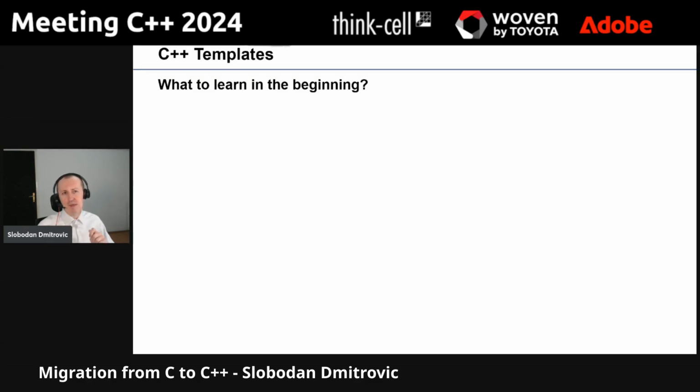But most of the time, you'll be using just some introductory levels of knowing about C++ templates. So what are those? You should be aware of basic function templates and basic class templates. And there are a plethora of other topics you should also cover, but in the beginning you should be comfortable with creating just simple function templates and simple class templates.